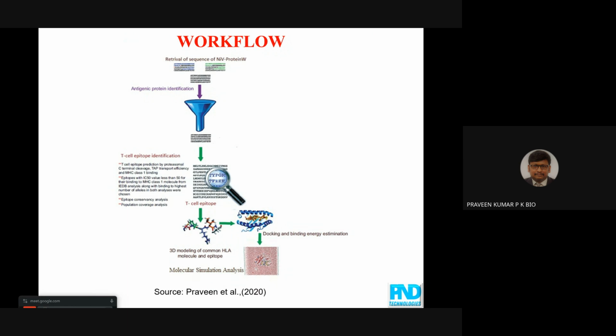If you see this workflow of Nipah T cell epitope based vaccine design, I started with a target protein called W. The other proteins are already worked on by scientists and also published. Just because I had a gap, and of course I found this also one of the important targets, I took this sequence from UniProt.